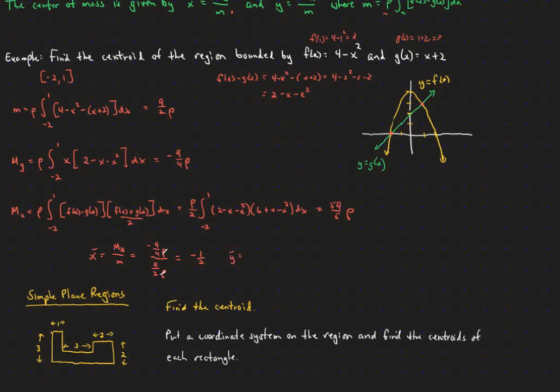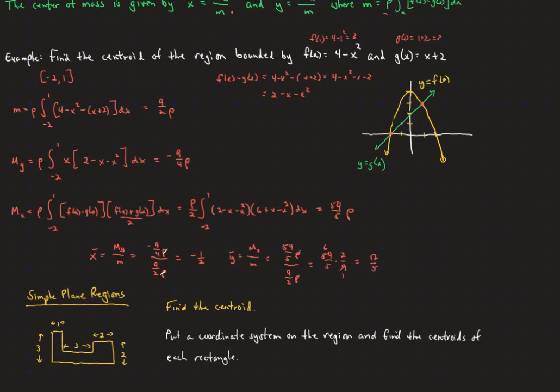The y bar is going to be the moment about the x over the mass. And so that was our 54/5 rho over the 9/2 rho. And again, our density divides out. And I think that's going to become, let's see, 54/5 times 2 over 9. And that will cancel. So we get actually 12/5.